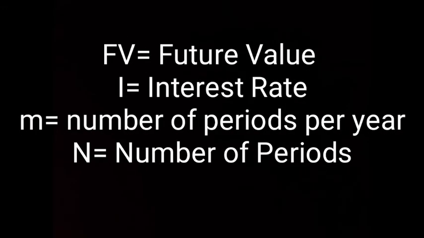Similarly, the preceding formula can be adjusted to account for multiple compounding periods, where FV is future value, I interest rate, M number of periods per year, N number of periods.